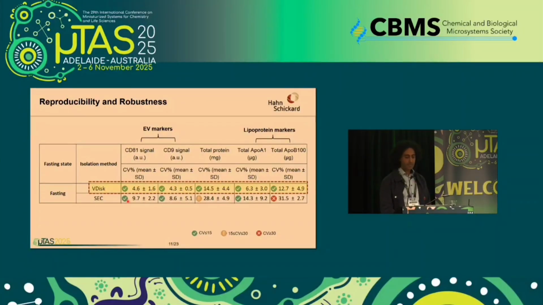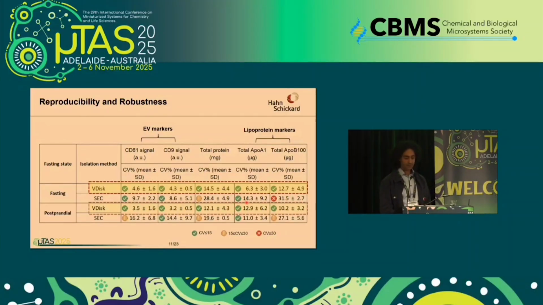VDisk showed quite nice reproducibility, and all the CV values remain below 15%. For SEC, we always had some higher variabilities, and in some cases, as you can see, the CV values were up to 30%.